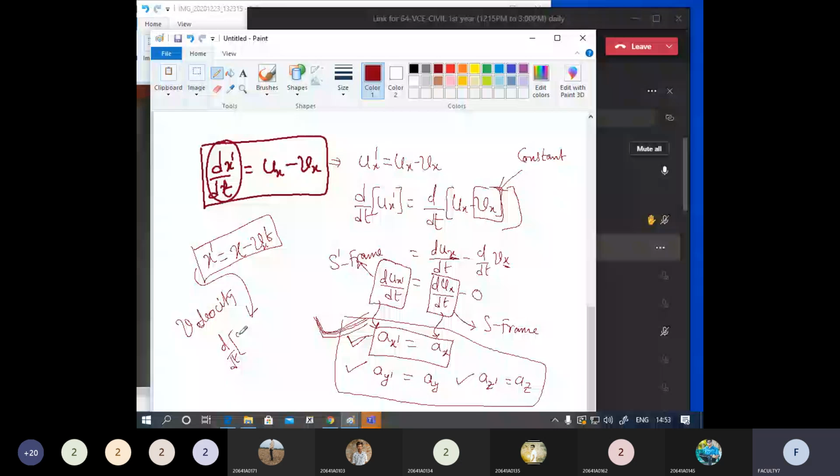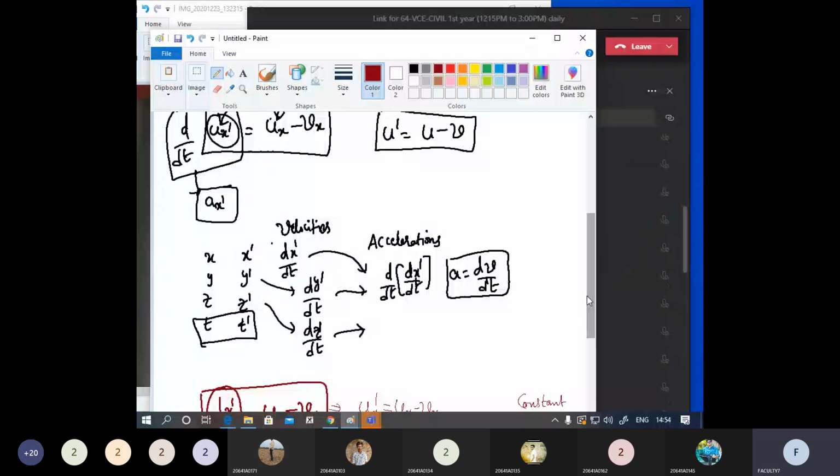Now what you will get here is dx prime by dt, which equals dx by dt minus vx. Here dt by dt gives 1. Next, this equation gives the velocity, and this is also a velocity. Now you got the velocity.